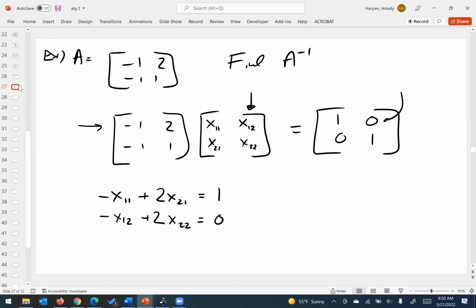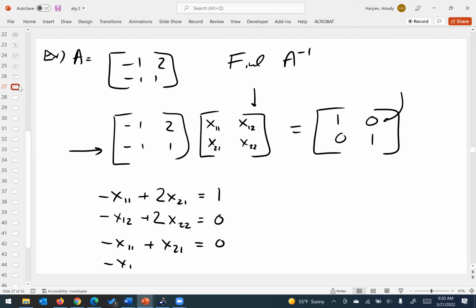Okay. Got 2 more. So now I'm going to switch. Let's see, row and column now. So I'm going to do this one now and this one. So -x11 plus x21 is equal to 0 still, okay? And then last one here, over here.